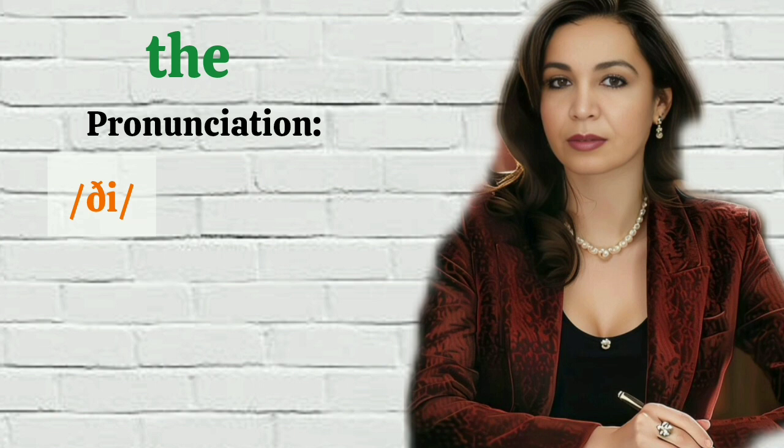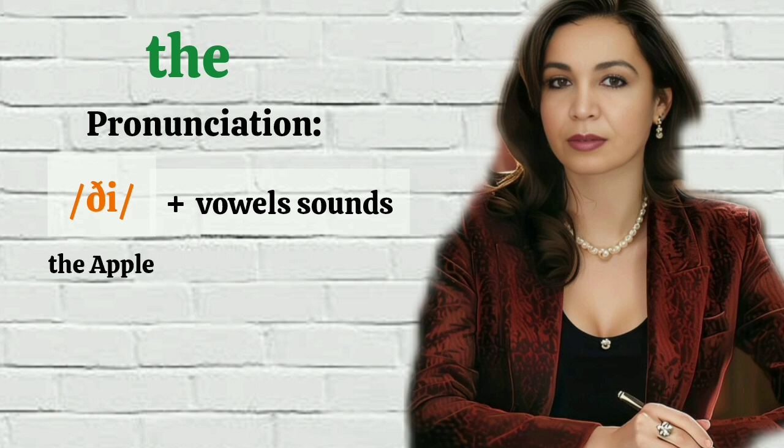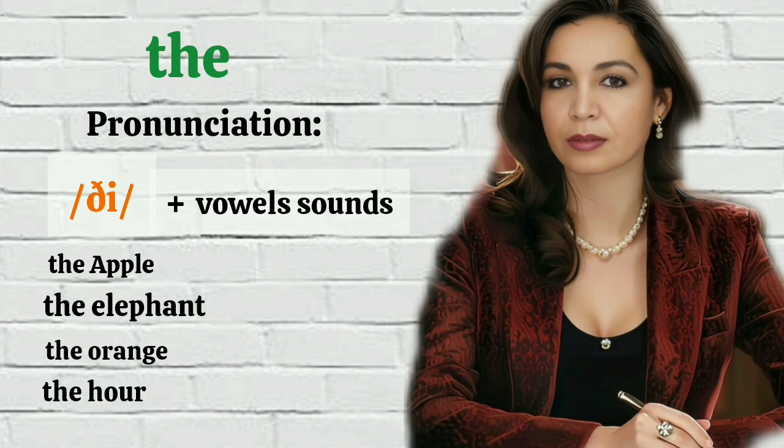Yes, we use it with a noun that begins with a vowel sound. And it's easy to remember this: thee relates to a longer vowel sound. Thee apple, thee elephant, thee orange, thee hour.